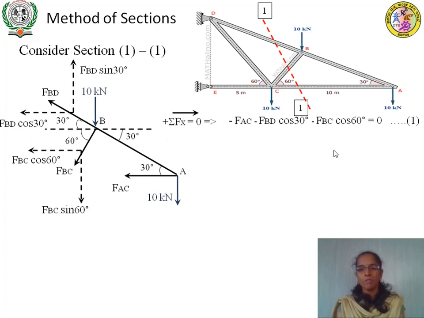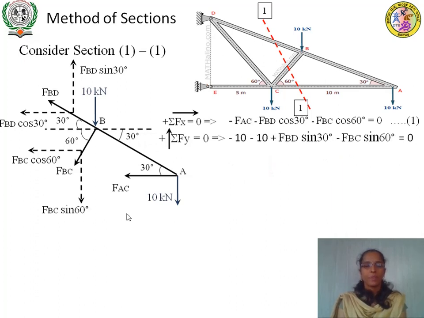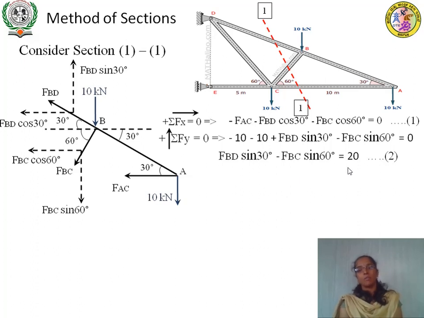Take it as equation 1. Next we apply sigma Fy equals 0. That implies minus 10 plus FBD sin 30 minus FBC sin 60 equals 0. So FBD sin 30 minus FBC sin 60 equals 20. Take it as equation 2.